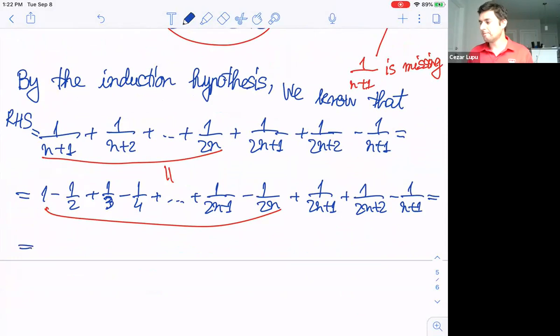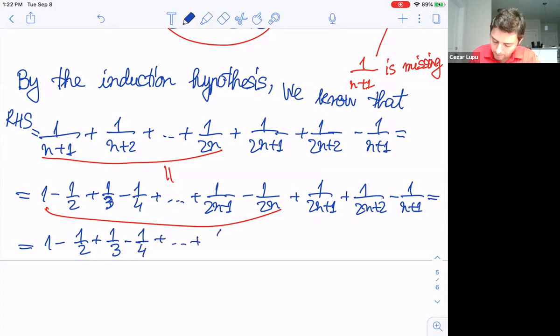Let's see. Well, as you can see here, what does this give us? If you look, this will give us nothing else than just what? Does it give us 1 minus 1/2 plus 1/3 minus 1/4 plus 1 over 2n minus 1, minus 1 over 2n, right?